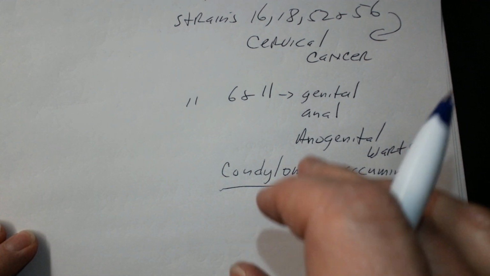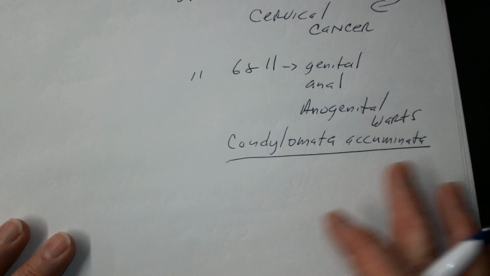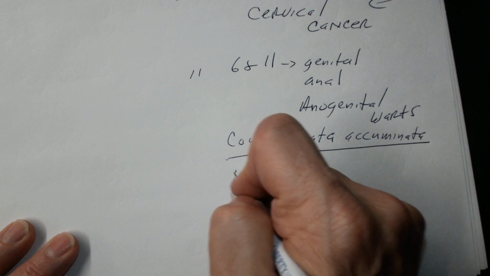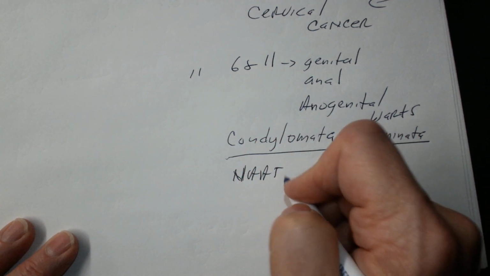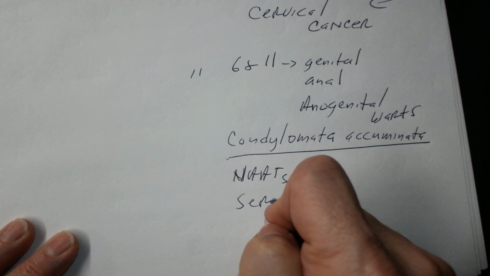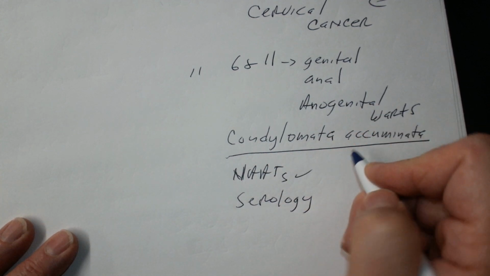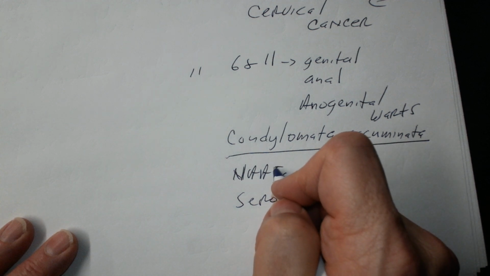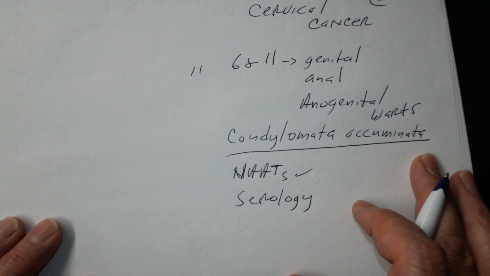There are very, very good serological and DNA tests for these. Nucleic acid amplification tests and serology are the ones that normally the lab will send for. These can be done pretty quickly too.